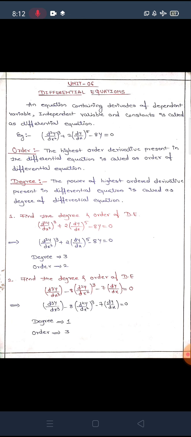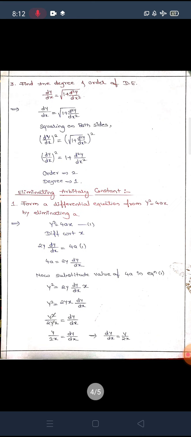Okay, so we'll go for the next example. Find the degree and order of the differential equation: dy by dx is equal to root of 1 plus d square y by dx square. Okay, so here we have a root. To eliminate the root, we have to square both sides.